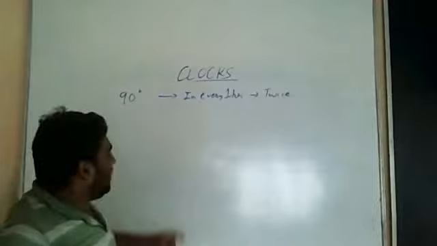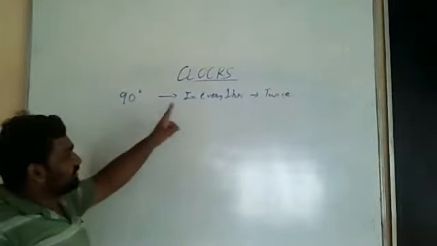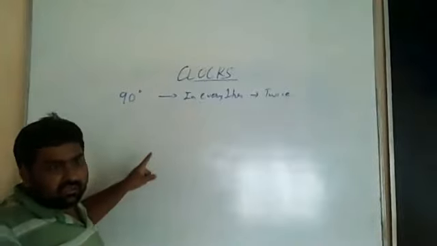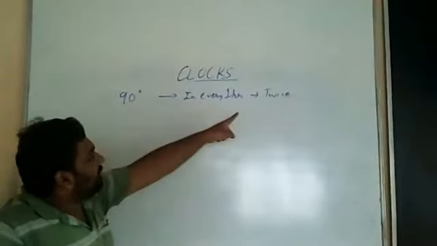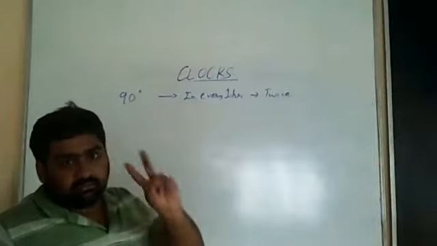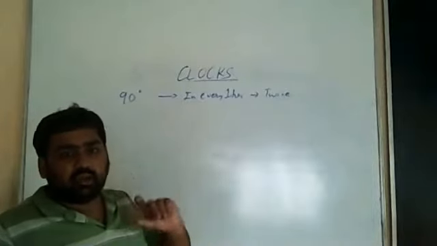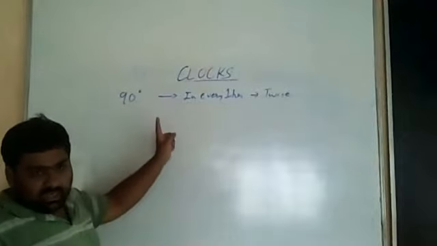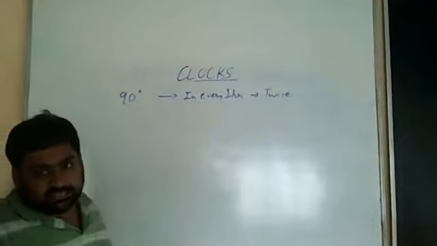Which means, let's say between 12 to 1, the situation where the angle between the minute hand and the hour hand is 90 degrees will happen twice. There will be two instances between 12 o'clock and 1 o'clock where the angle between the minute hand and hour hand will be 90 degrees. Do you get this?